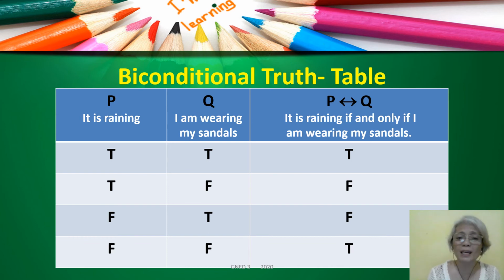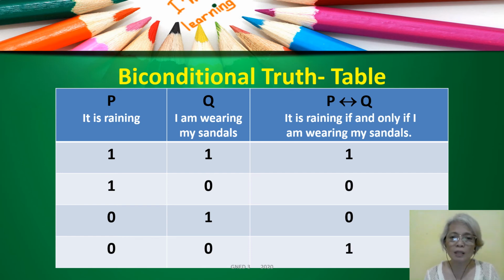If P and Q are both true, you have a true biconditional. For the last row, if P and Q are both false, then the biconditional is also true. So para maging true yung biconditional, dapat pareho ng truth value yung P and Q. Otherwise, false siya. So if we use the binary representation, we have this.